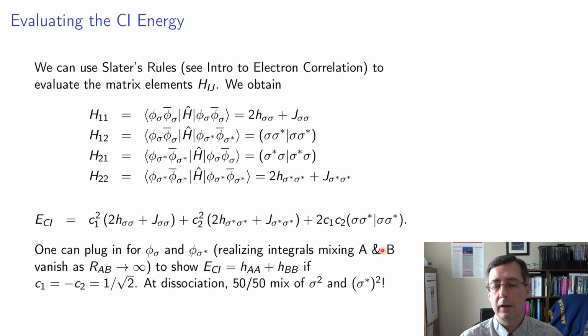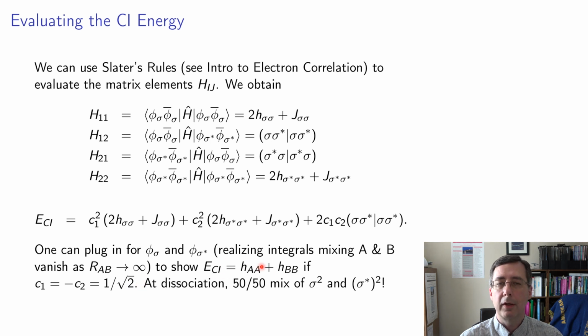And then the mixing integrals vanish as R_AB goes to infinity. Then, after a little bit of math that I'll skip the steps, the CI energy is just the energy of an electron on atom A plus the energy of an electron on atom B, which are equivalent, if the CI coefficients are the minus of each other and equal to plus or minus 1 over square root of 2.